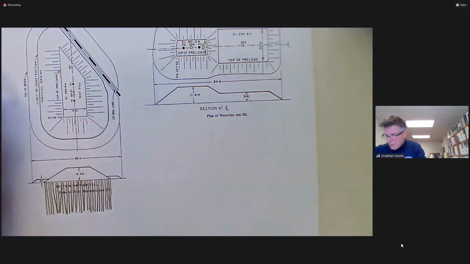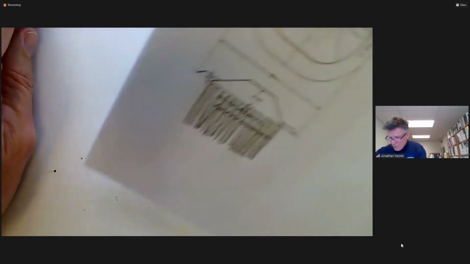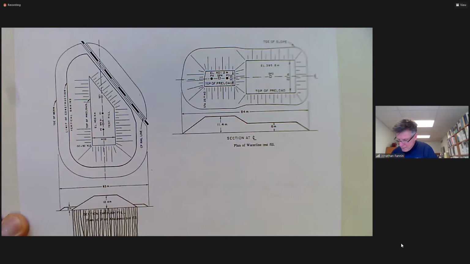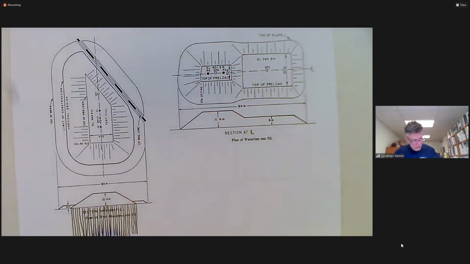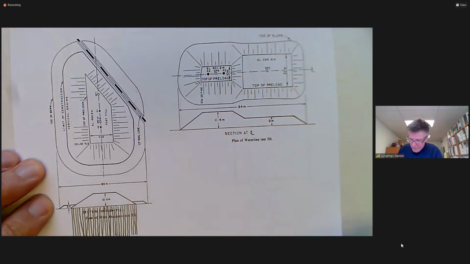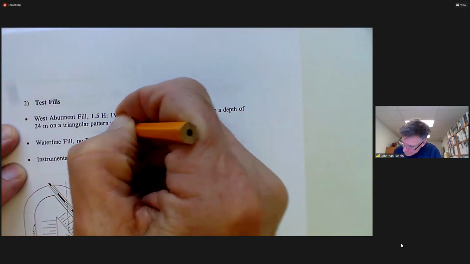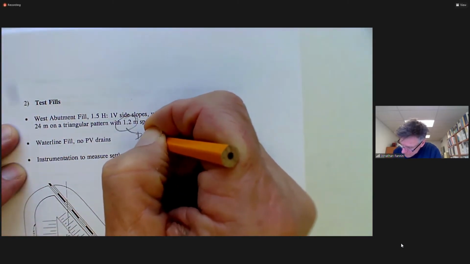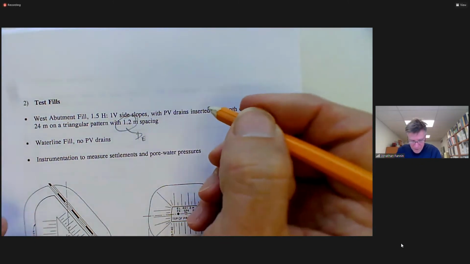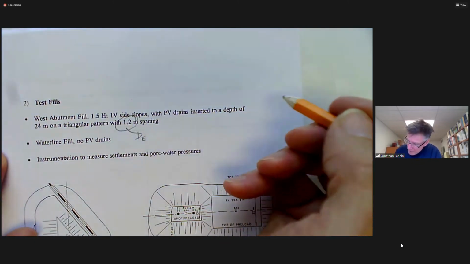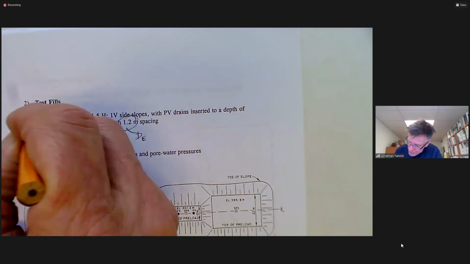The west abutment had the wick drains to a depth of 24 meters. There's our spacing, and there's the length of the drains, 24 meters.